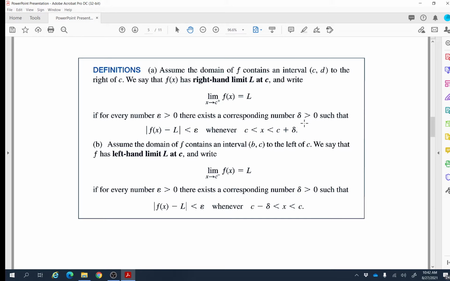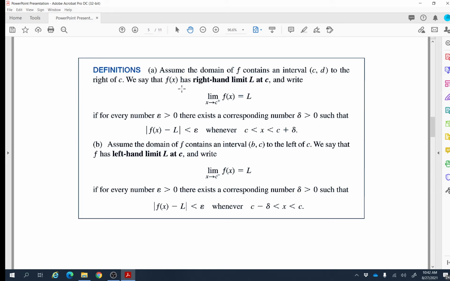The way we defined limit in our previous section, we can do the same thing for the right-hand limit and the left-hand limit. So definition: assume the domain of the function f contains an interval (c, d) to the right of c.